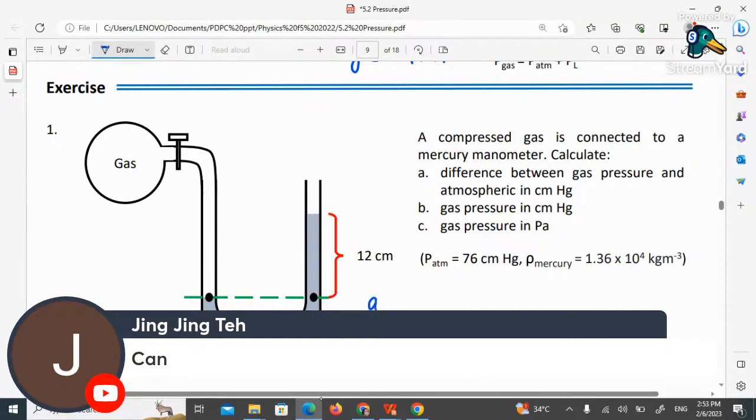A, the difference between gas pressure and atmospheric pressure. This one is the gas, and here is atmospheric pressure. So the difference between the pressure of the gas and the atmospheric pressure equals 12 cm mercury.